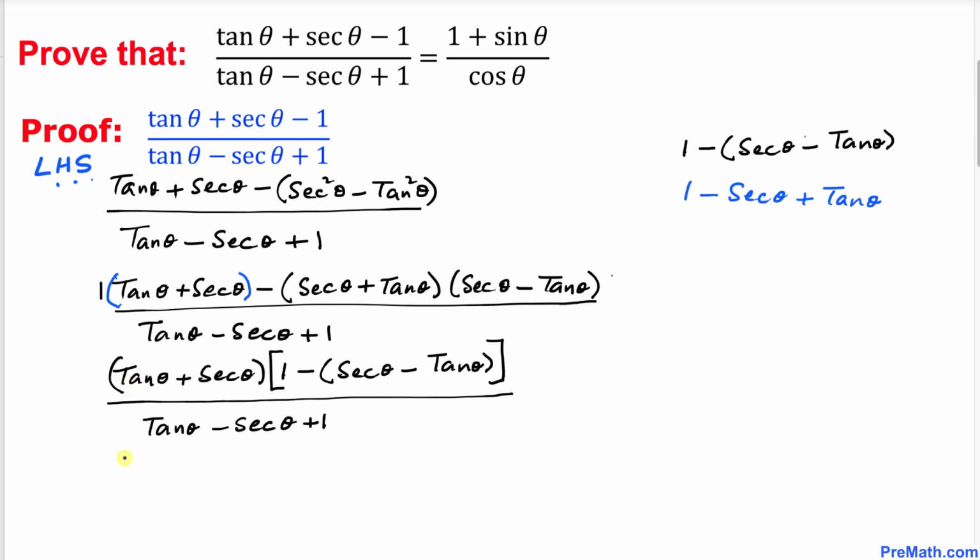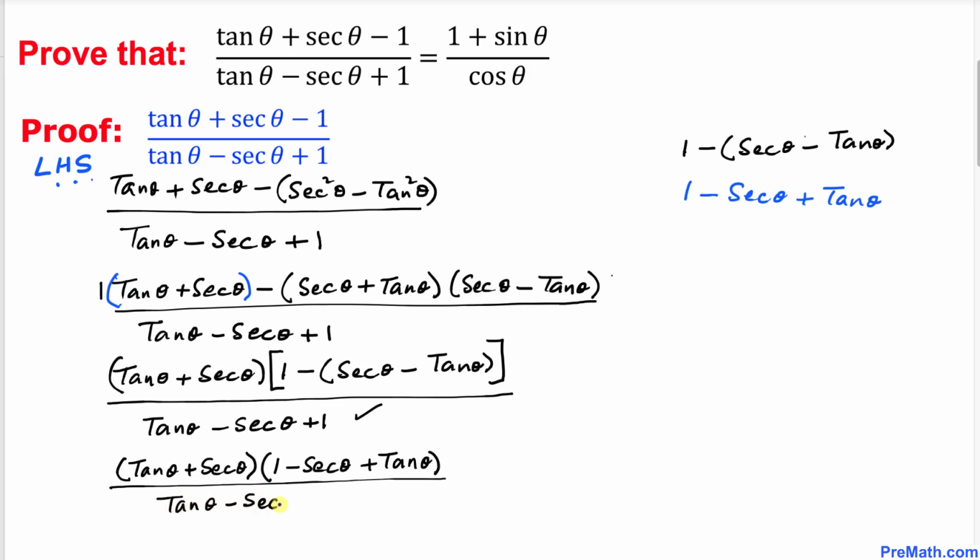I can write this tangent theta plus secant theta inside this parentheses, and this bracket part I am going to replace by this simplified one. So I can write this one as 1 minus secant theta plus tangent theta, and then divided by this denominator, which is tangent theta minus secant theta, and then plus 1.